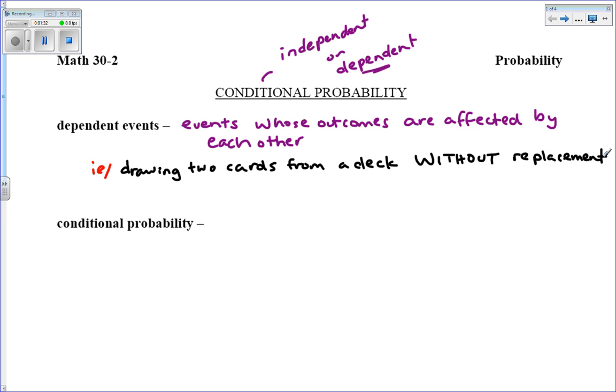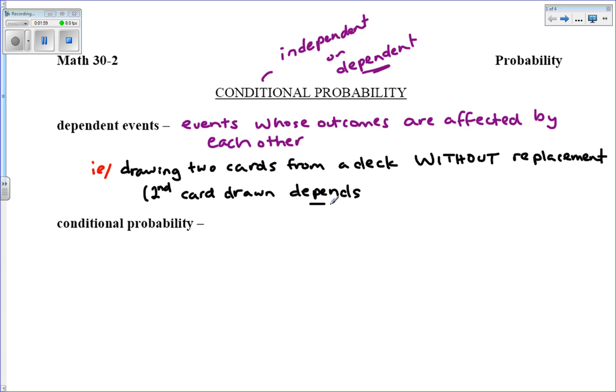What basically is happening is, if you hang on to that first card and then draw the second card, it changes the total number of outcomes possible. So it changes the denominator of one of the probability statements that we're going to use. So the second card drawn depends on what the first card was.